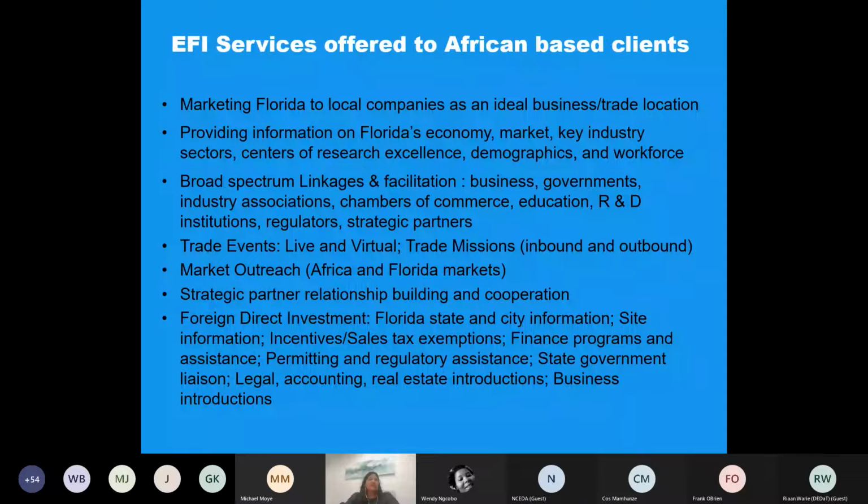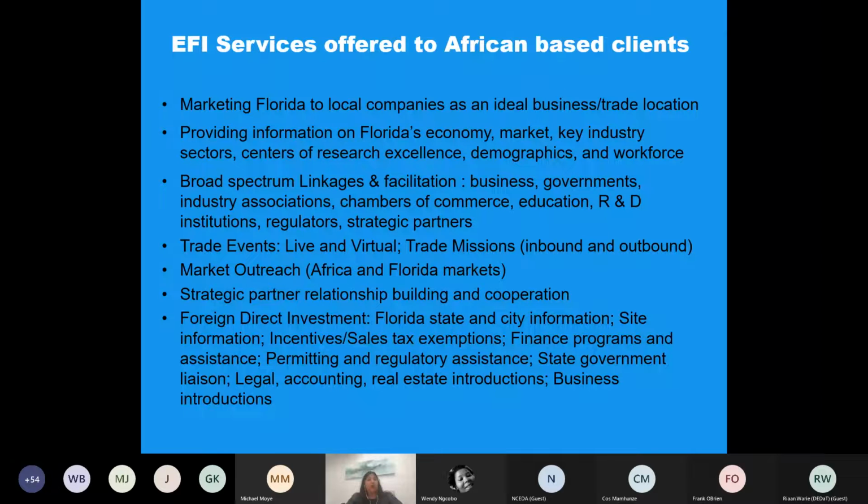These are some of the Enterprise Florida services that are offered to African-based clients. We keep companies updated on information on Florida's economy, the market, key industry sectors, workforce, any information relating to Florida, we are able to provide that information.